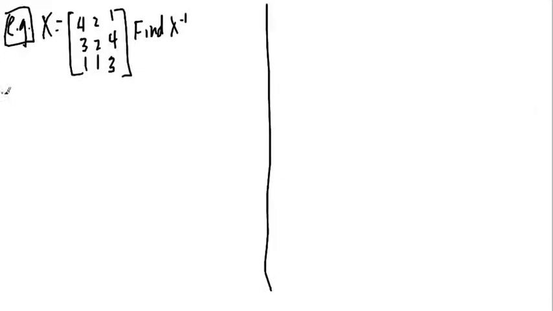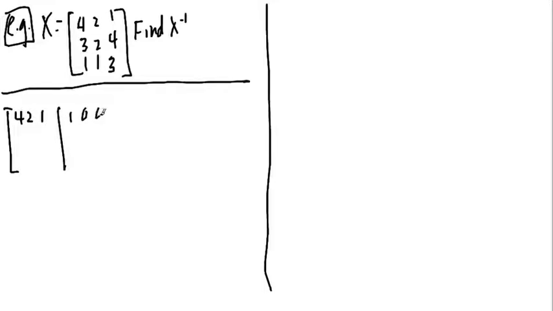Okay. Well, the way we start this off is we will draw the augmented matrix 4, 2, 1, 1, 0, 0, 3, 2, 4, 0, 1, 0, and 1, 1, 3, 0, 0, 1.